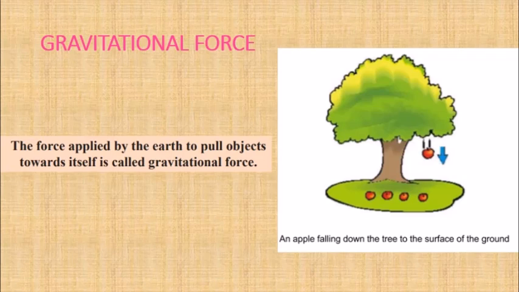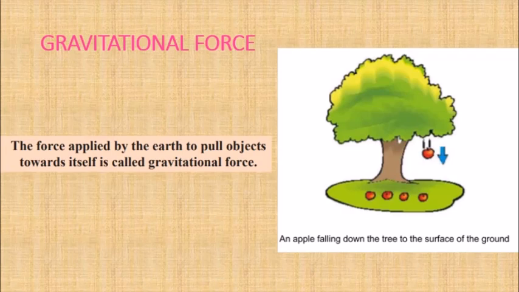So on the earth we have gravitational force which pulls us down, and that is why we can easily walk on the roads. The apple or anything which you drop from the top always goes down. If you have to define gravitational force, the force applied by the earth to pull an object towards itself is called the gravitational force.